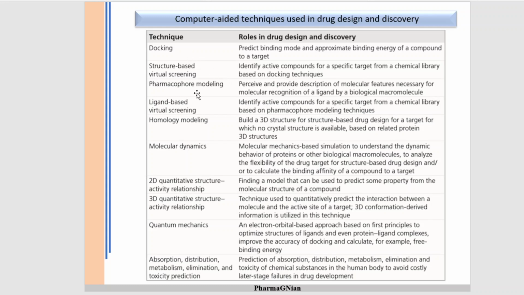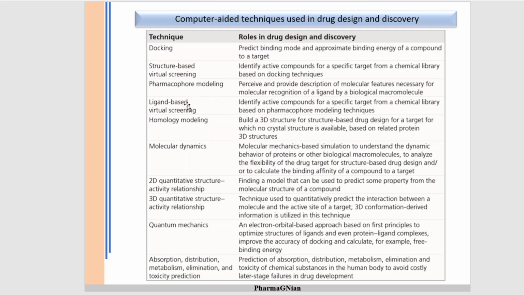The next technique involved in computer drug design is pharmacophore modeling. It has the role to provide the description of molecular features that are necessary for the molecular recognition of a ligand by biological macromolecules.